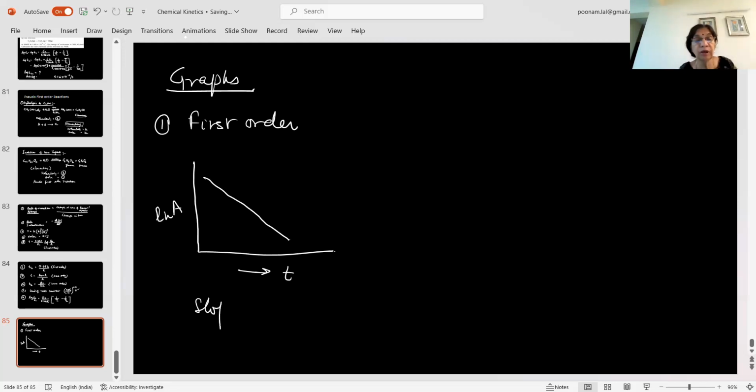And the slope of the graph will be equal to minus k.